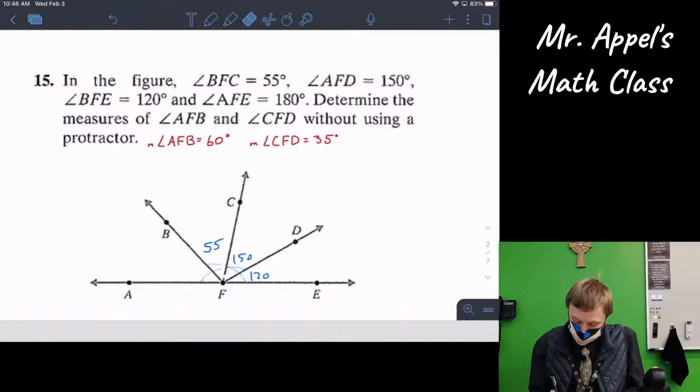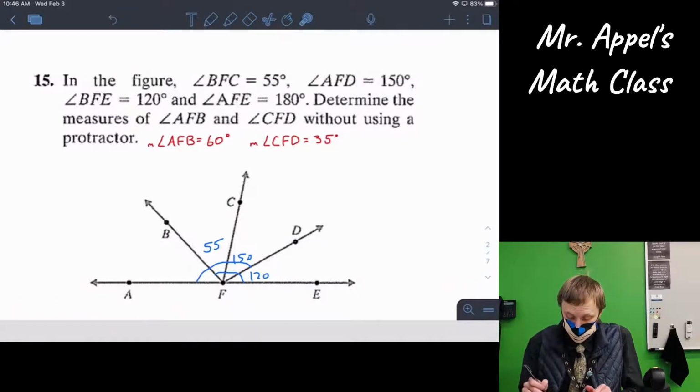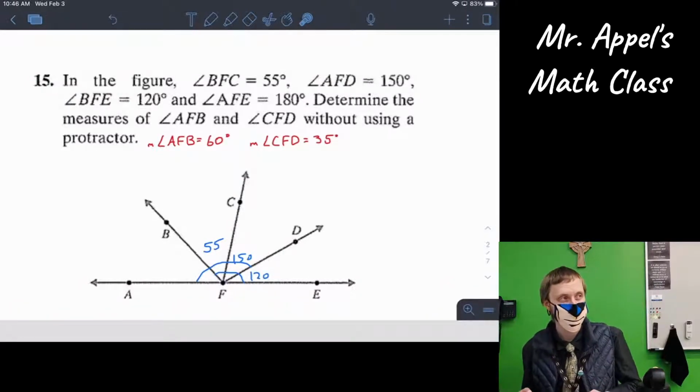That's the 150, and this is the 120. There we go. Okay, and CFD right there comes to 35. Now that you know what this measure is, you can take this and this away from the 150, and the leftover is the 35.